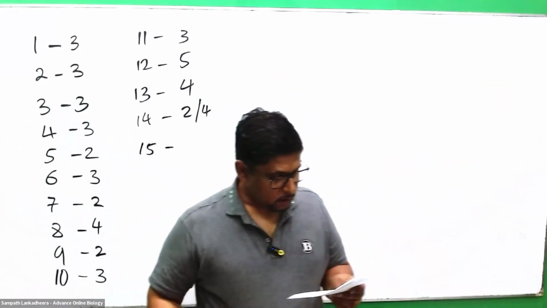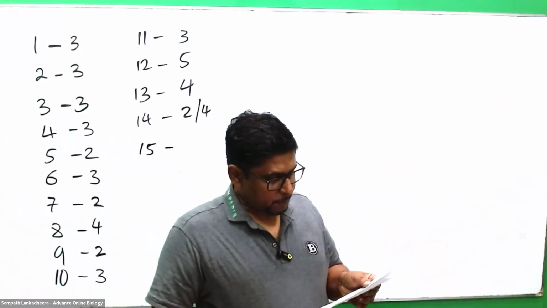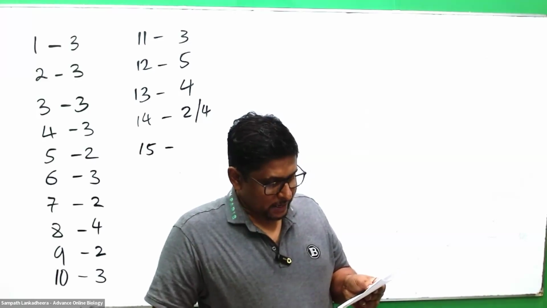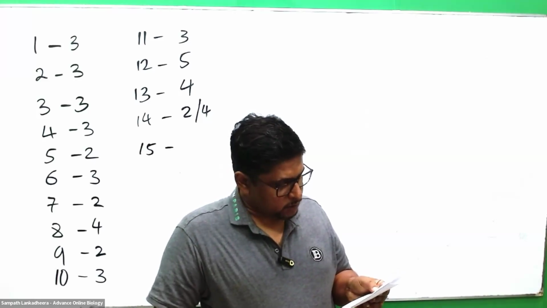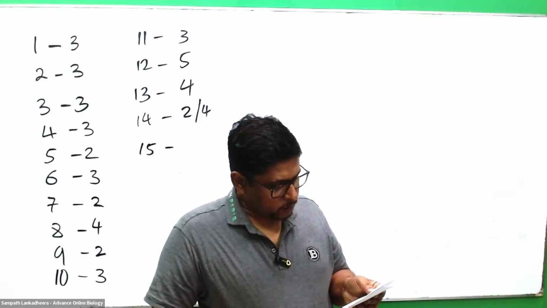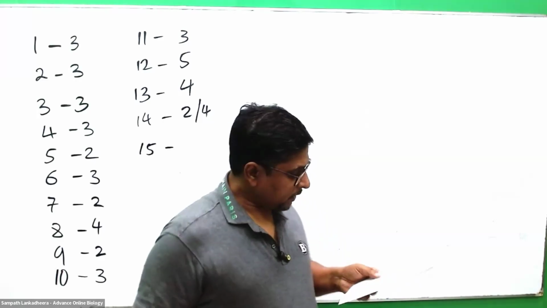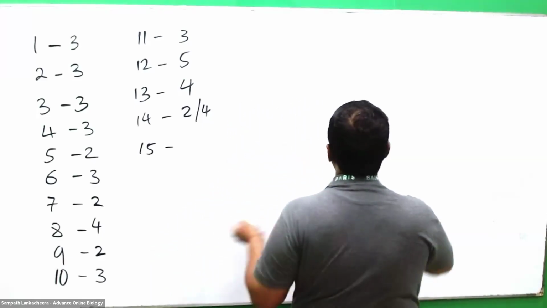Question 15. A plant cell with solute potential minus 1.5 and pressure potential of 0.3 is placed in sodium chloride solution with solute potential of minus 1.2 megapascal for 30 minutes. Which of the following statements is correct? We'll check that.